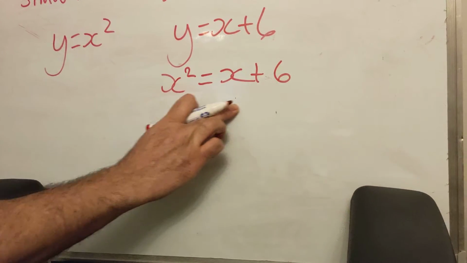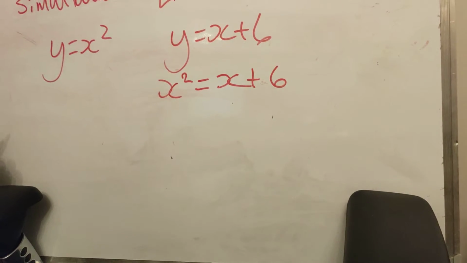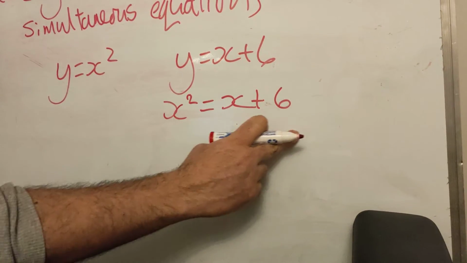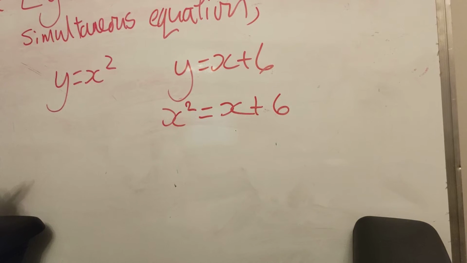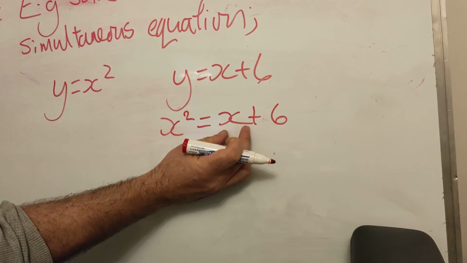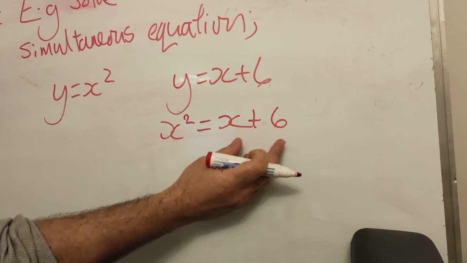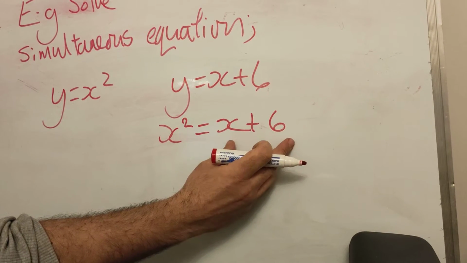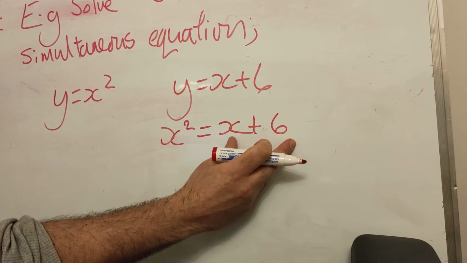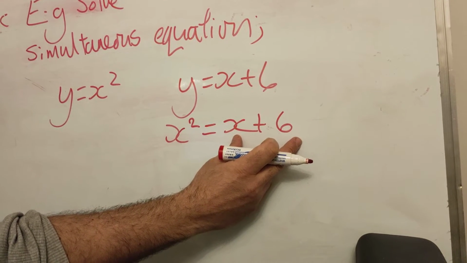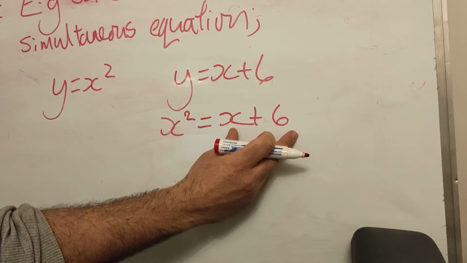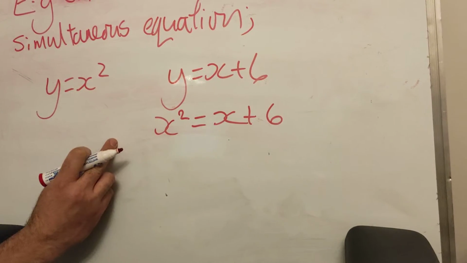Now in order to use my skills to solve this, I need to make this equation equal to 0, and the way I would do that, I know this is a positive x and a positive 6, so in order to make it equal to 0 and get rid of this on this side and leave 0 on this side, is to take away x and to take away 6 from both sides of this equation.